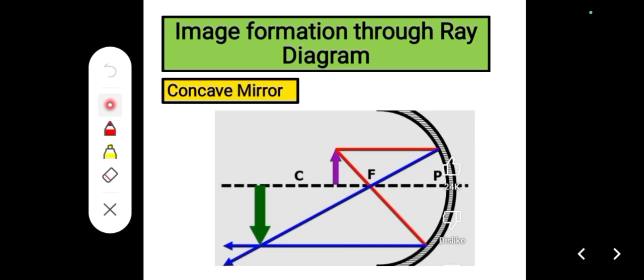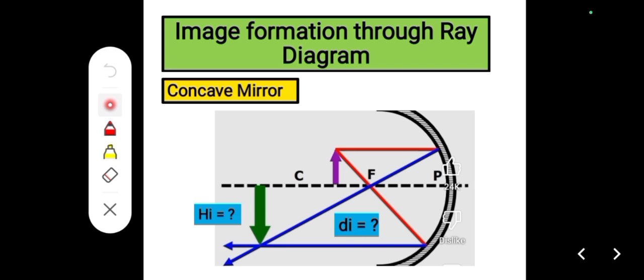The problem here is we are not able to determine the accurate distance of the image from the mirror. At the same time, we do not know the accurate height of the image.